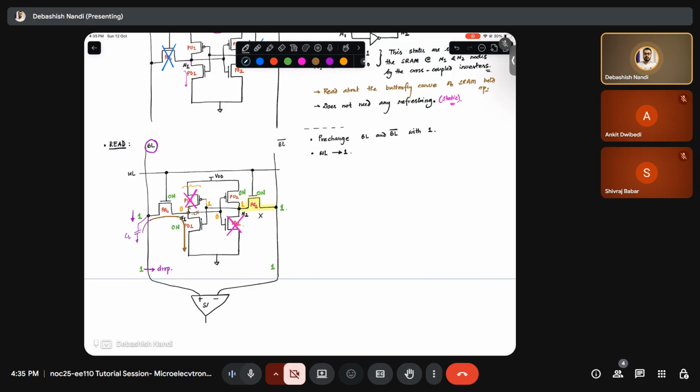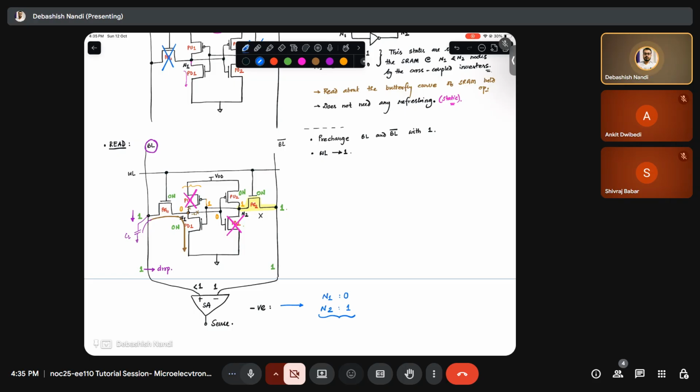This is called a sense amplifier. In this particular case, your negative terminal has 1, positive terminal has less than 1. So output will be negative. This negative output signifies that at node 1 you have 0 stored and at node 2 you have 1 stored. So you have successfully read what is stored inside the SRAM cell.